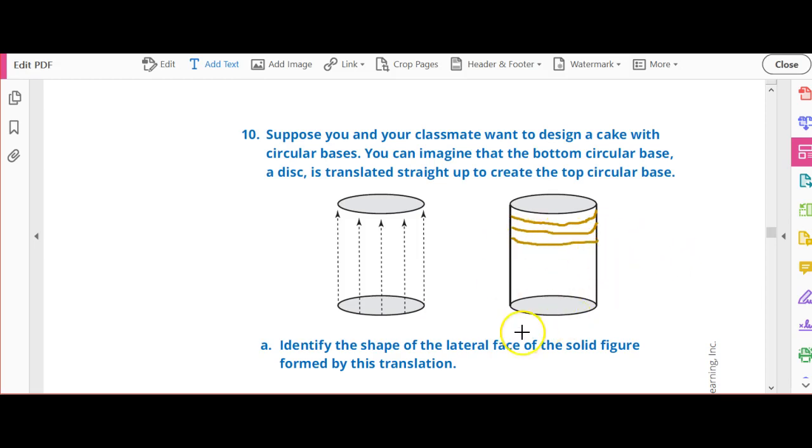So now let's think about the shape of it. Imagine that I had a pair of scissors, and I'm going to cut down that lateral face right down like this, and when I get done, I unwrap the wrapper. What shape do I end up with?